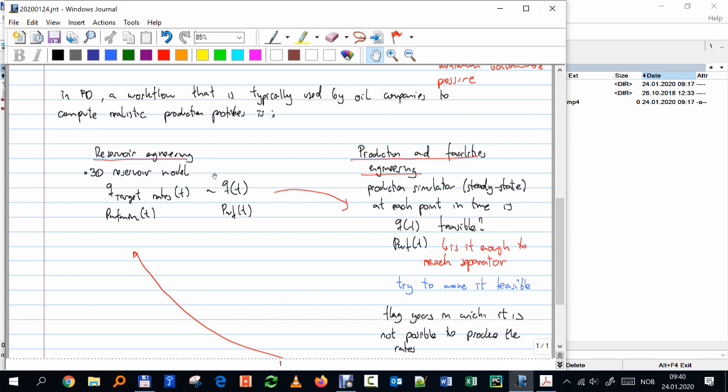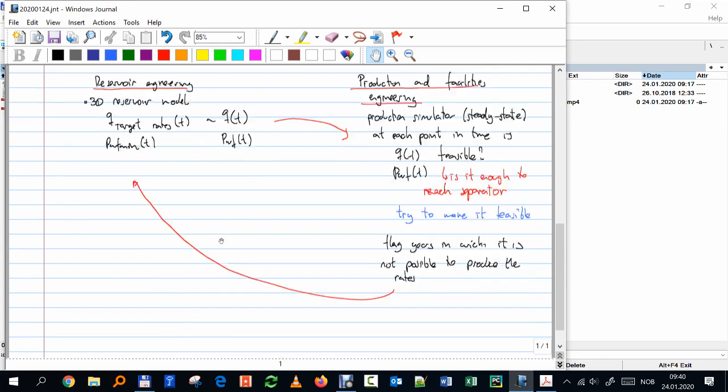Based on seismic, geology, petrophysics. But for these guys, at the very early phase, you have no idea how the well will look, what kind of diameter I'm going to need, the trajectory of the pipe, for example, at the sea bottom. So one assumption that is typically made is that I compute the production profile simply using the reservoir model, without taking into account the facilities.